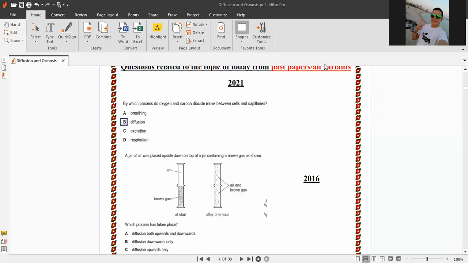This mixing is due to diffusion of bromine vapor into air. And also air from the upper jar diffuses into the lower jar, so we cannot see it. So diffusion is the process in which mixing of a substance with another substance takes place due to random motion of particles. So the correct answer is diffusion both up and downward.